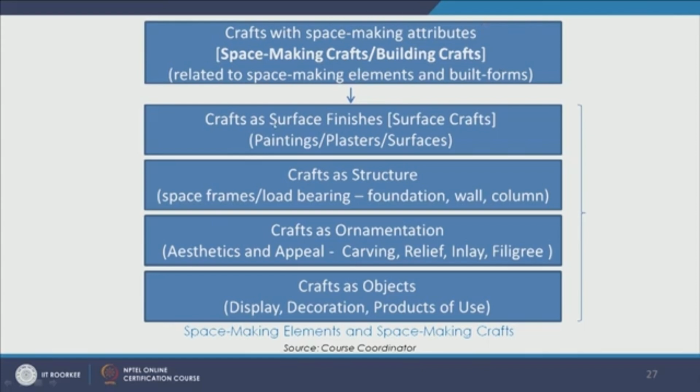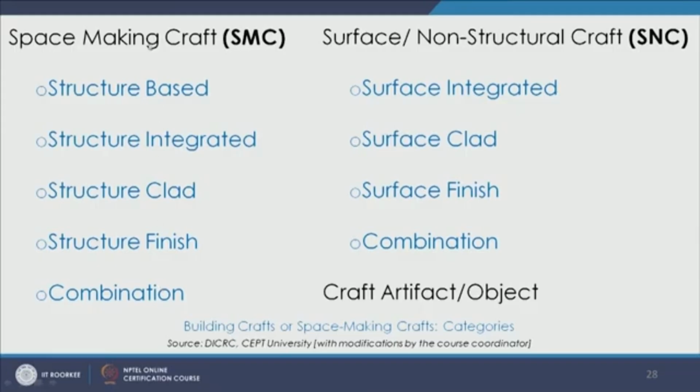We can see craft as surface finishes, as structure, as ornamentation, or simply as objects which are utilitarian or decorative. We also see different categories of craft. Here on the left hand side, these are structural, these ones are non-structural or surface based, and we also classified craft as objects or artifacts, which doesn't lie either here or here.